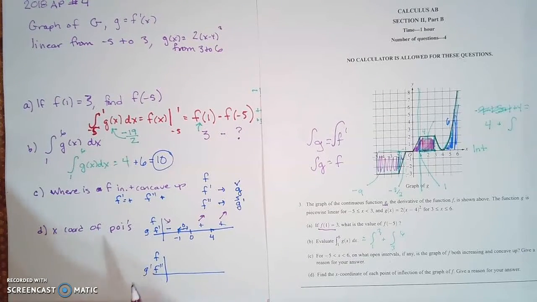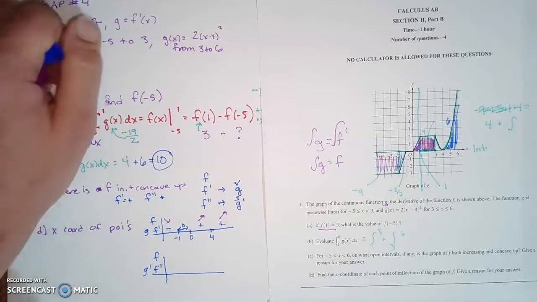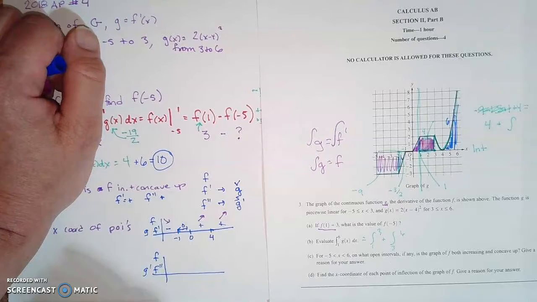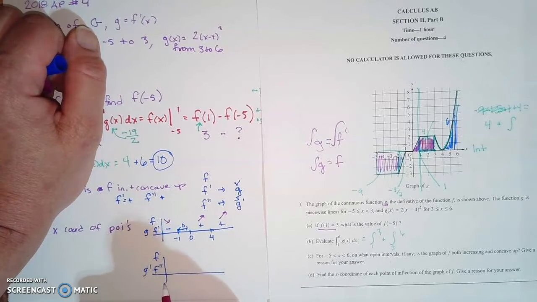Okay, so now let's find out where f double prime is 0 or undefined. That will occur where g prime is 0 or undefined. That's the slope of the graph. So the slope of this graph is undefined at -2 because there's a cusp. It's undefined at -2. It is undefined at -1.